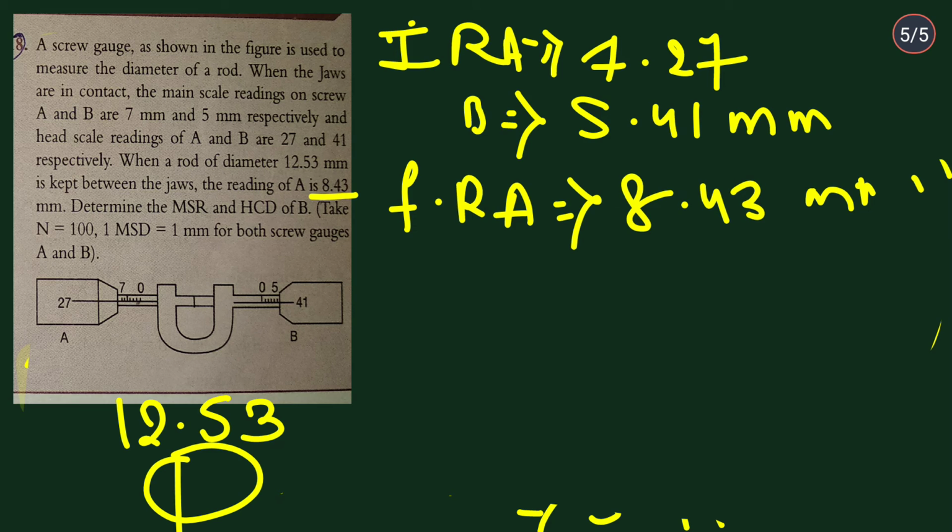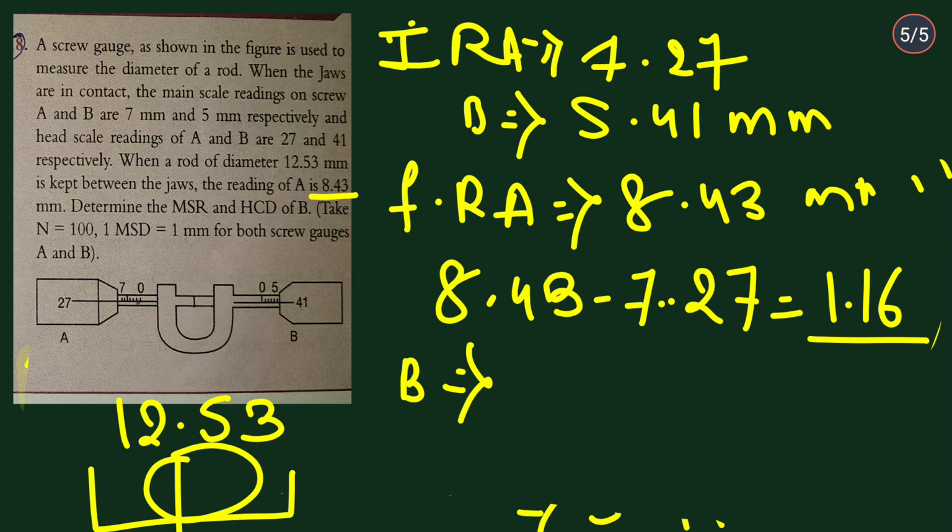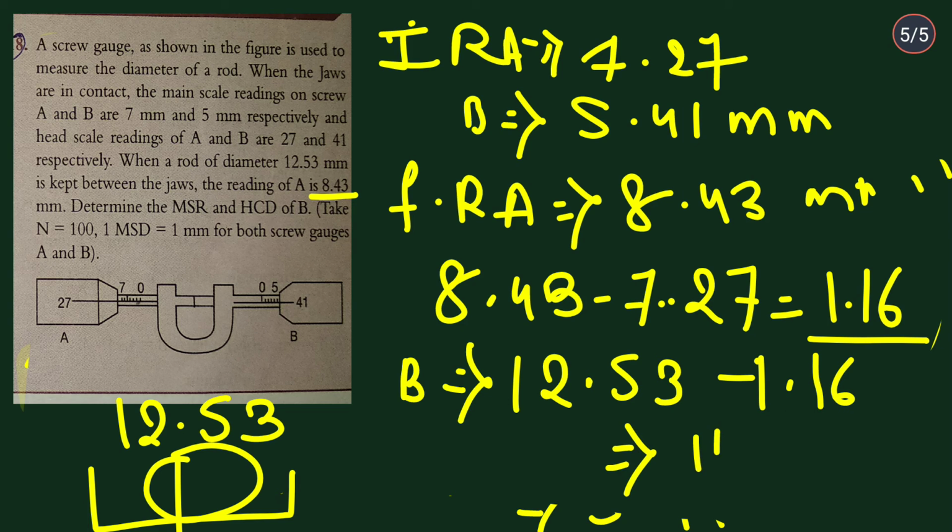The part of the diameter measured by A is final reading minus initial reading, that is 8.43 minus 7.27, which is 1.16 millimeter. This part is measured by A, so the rest is measured by B: 12.53 minus 1.16 equals 11.37 millimeter of the diameter of this object is measured by B.